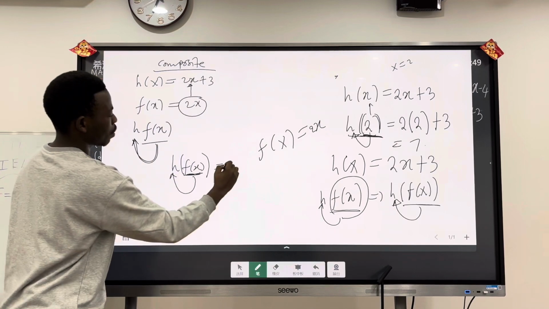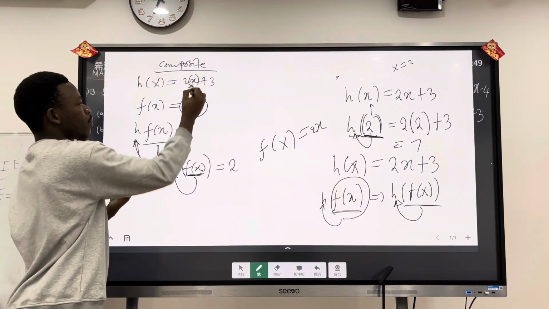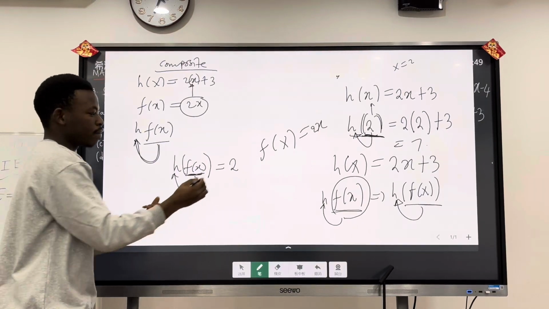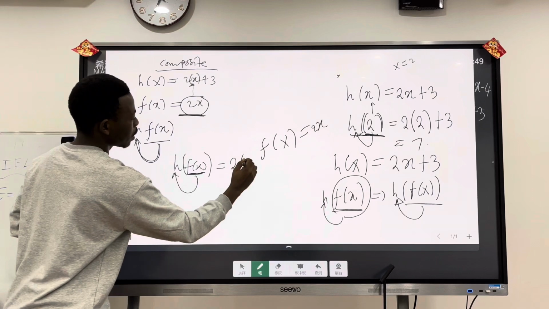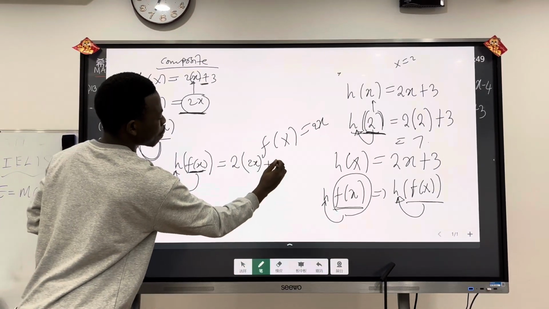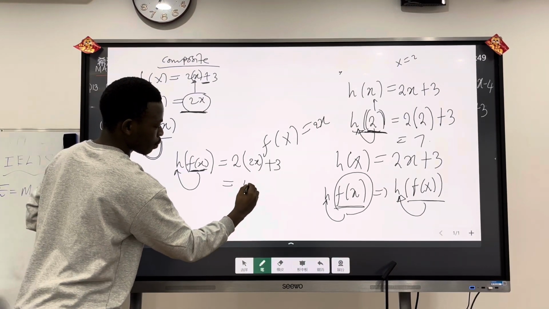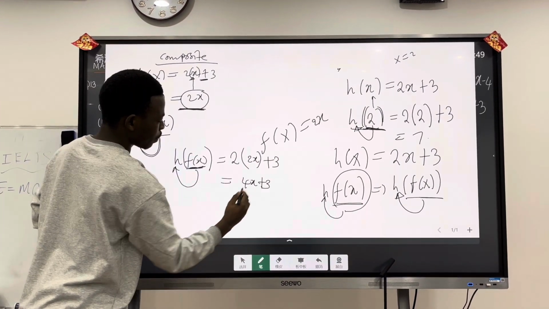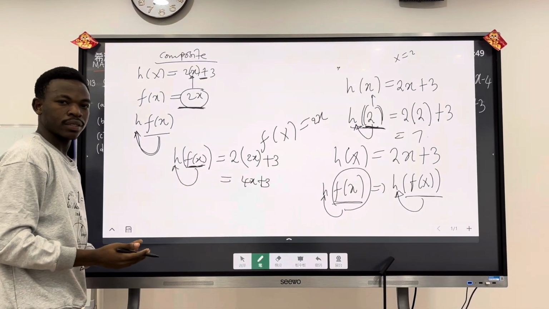You can see we have 2 times, that is h of x. Now we no longer have x here because it's being substituted by f of x. But what is f of x? f of x is 2x. So where there's x, we're going to put 2x. Then plus 3, and everything else remains the same. 2 times that, we're going to have 4x plus 3. So this will give us h of f of x. That's how you work it out.